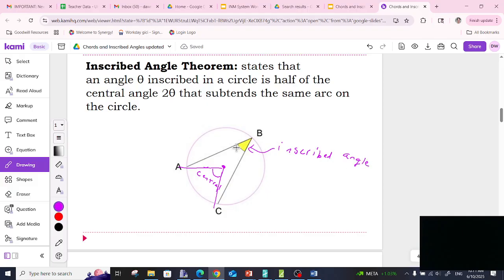Let's just say this is 30 degrees here. What would the central angle be then? 60 degrees. And what would arc AC be? 60 degrees also.